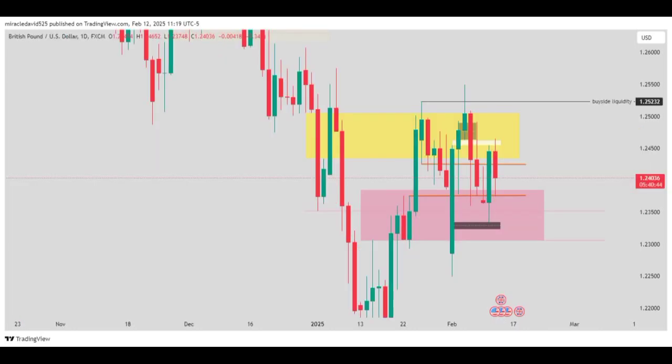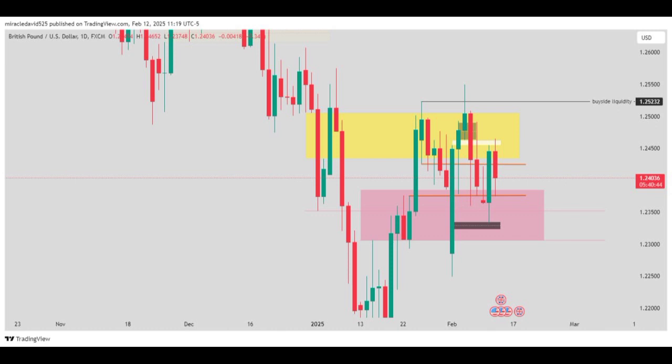Okay, this is the daily chart of the pound dollar GBPUSD, and from the last video I was talking of how I was expecting price to be bearish due to the buy side being taken and everything said on the dollar index. But there are some things we need to see before we can continue bearish. On the daily chart, price went to tap that dark box inside the orange one, that's the 4 hours level, which will be shown in the next chart.